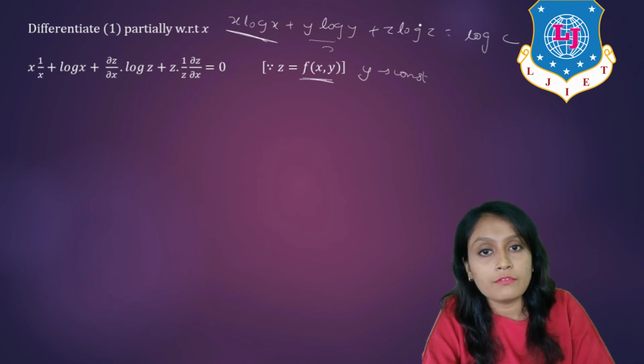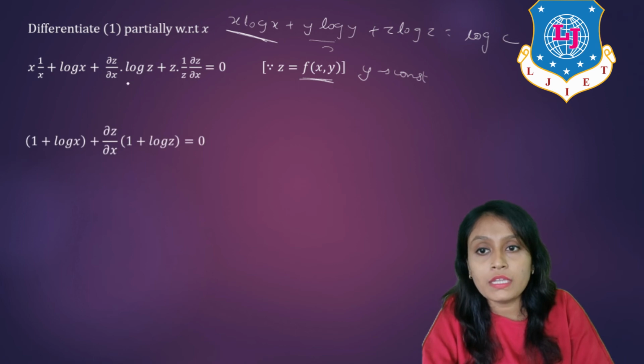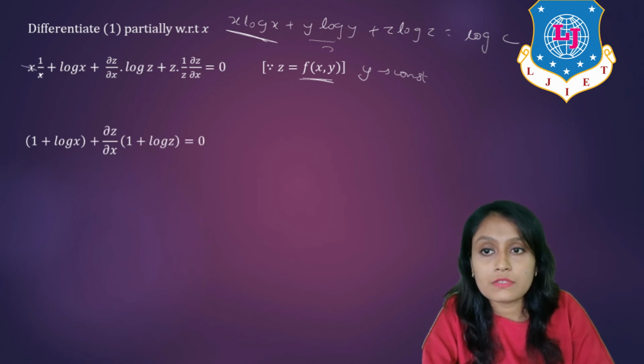Now again here we have to apply UV rule. Okay, so log z is kept as it is, derivative of z with respect to x, it is del z by del x plus z is kept as it is, derivative of log z, that is 1 upon z into del z by del x is equal to 0, derivative of log c, that is 0. Okay, now this x will get cancelled, this z will get cancelled.